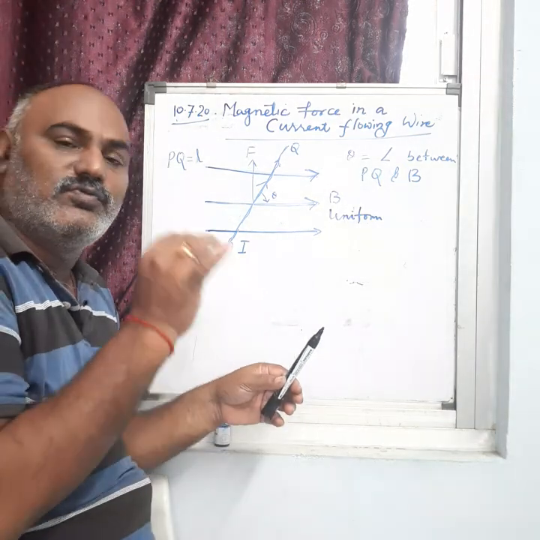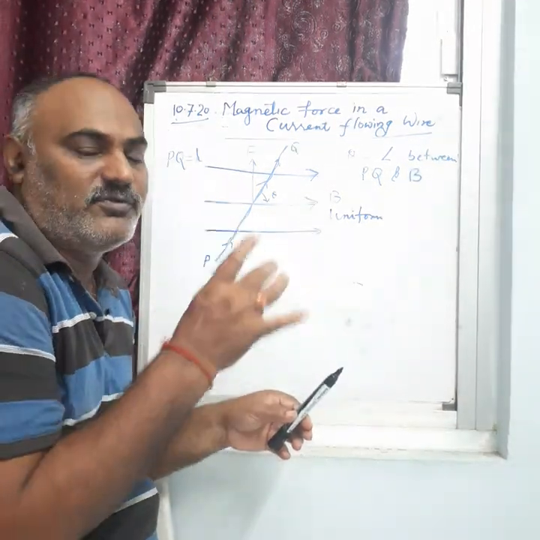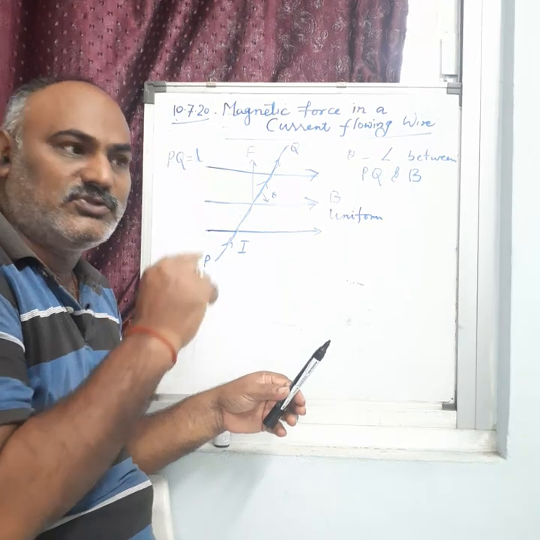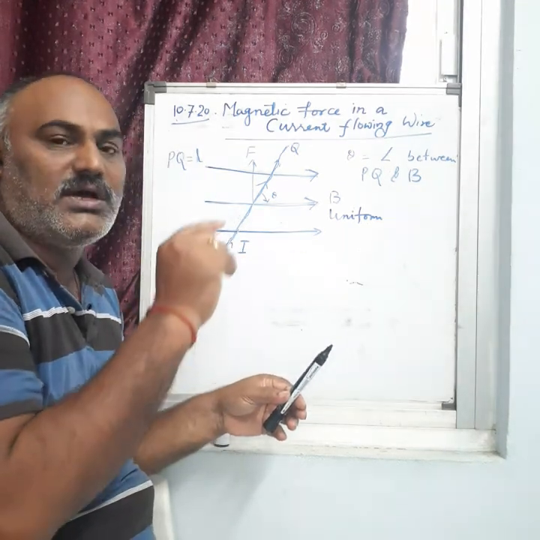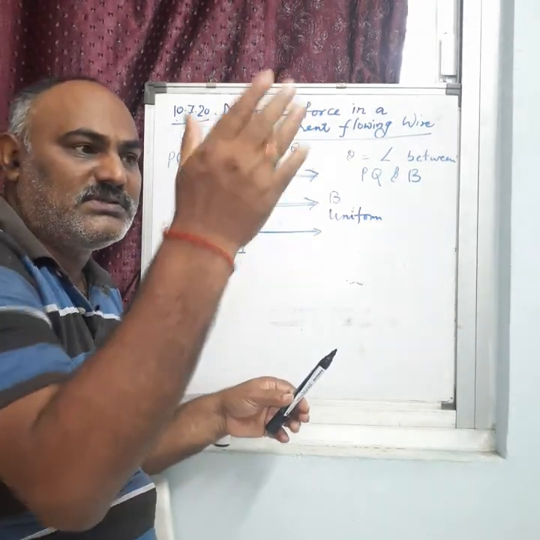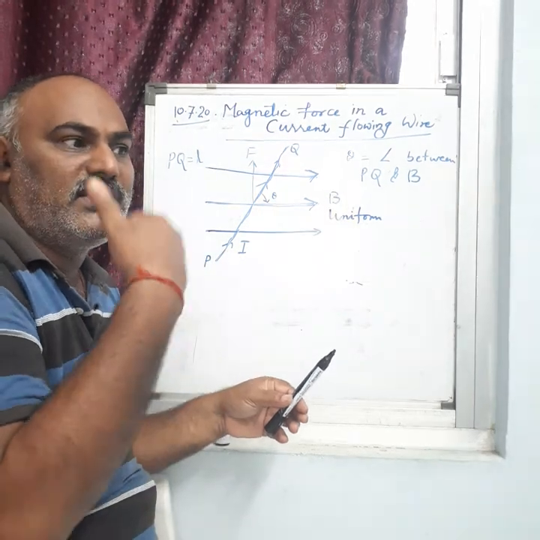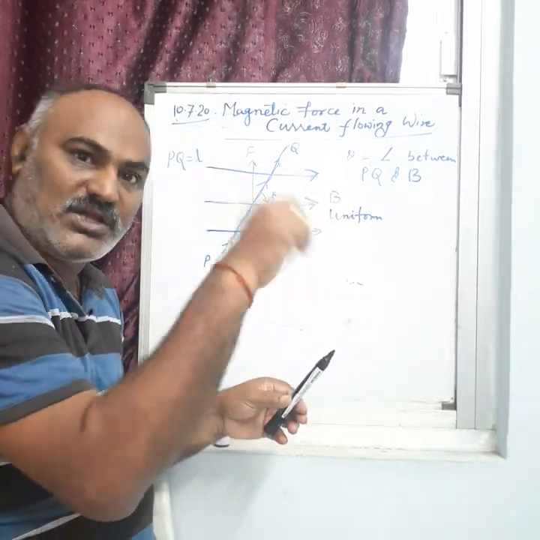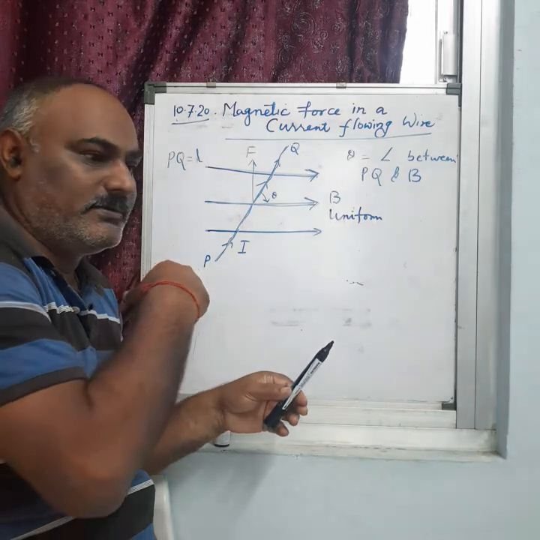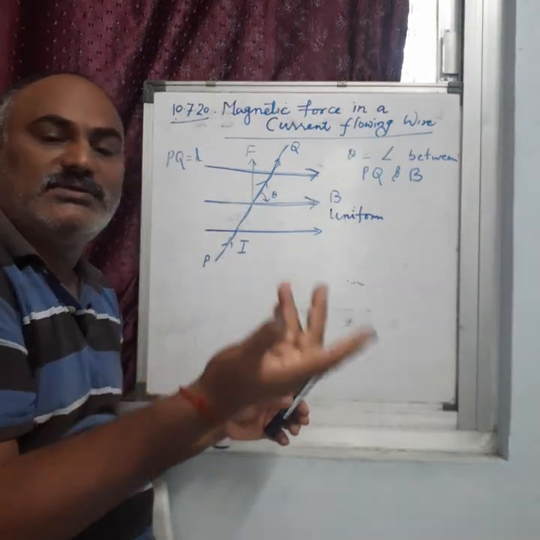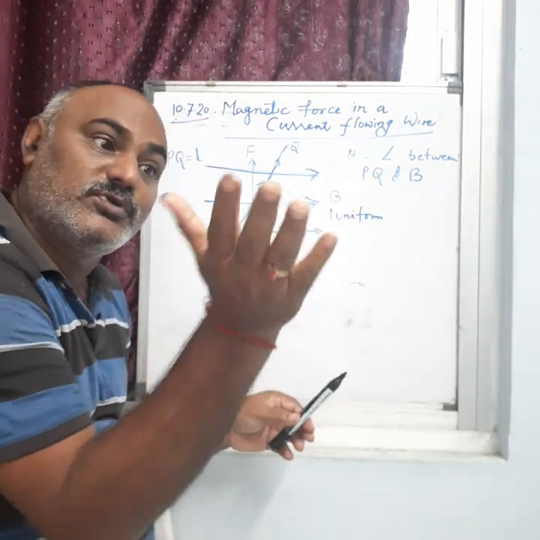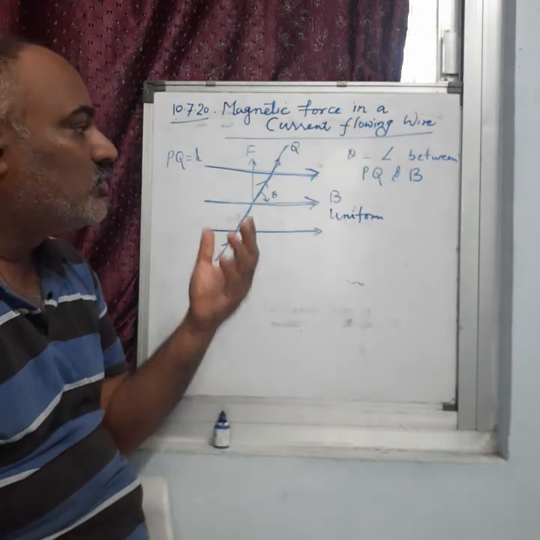Doorbell is one example of the magnetic force. When the current is on, or the switch is on, the current flows, and at that time the hammer strikes the bell, and the sound comes because a magnetic force is produced.